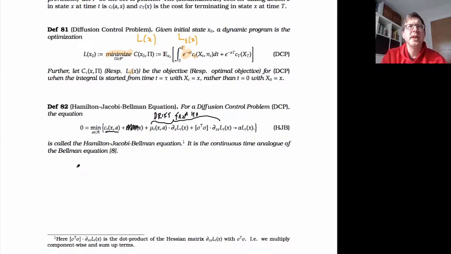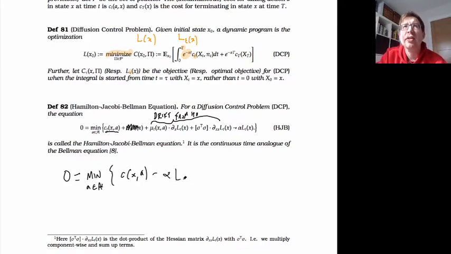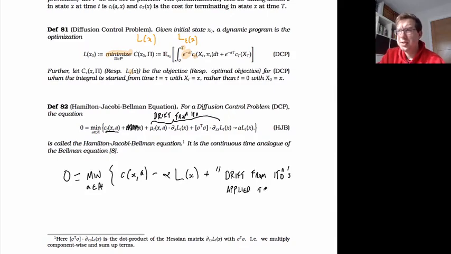Whenever we write down the HJB equation, the way to remember it is that 0 equals the minimum or maximum over the actions we can take of the instantaneous cost, minus the discount rate times our value function L, plus the drift term from Ito's formula applied, and when I apply Ito's formula, I apply it to L of x of t.